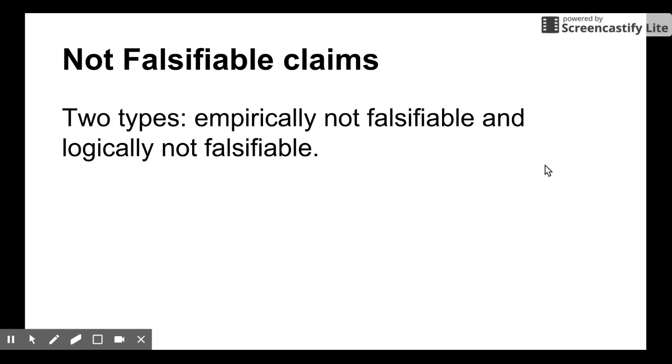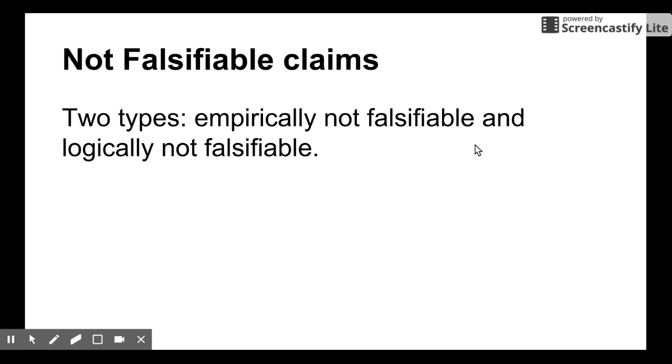Since we talk about empirical science, I want to talk a little bit more about falsifiable claims. Specifically, we are going to talk about not falsifiable claims. When we are trying to do science, we don't want to make not falsifiable claims because they are too strong.